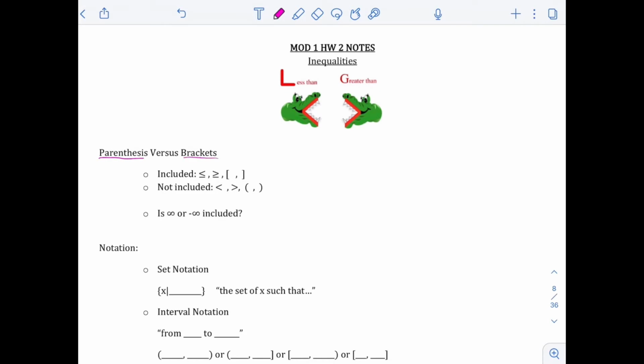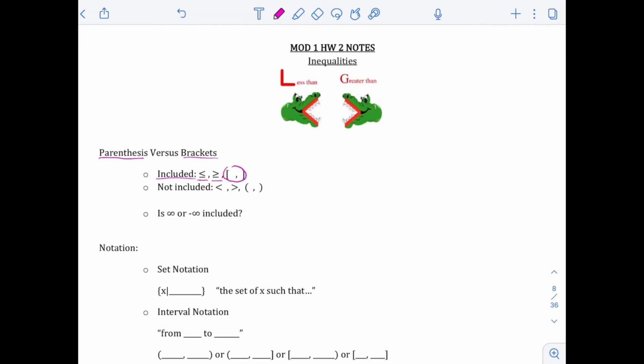If you're using inequalities that have an equal sign, it means that the values in the inequality are included, and to tell the reader that the values are included, you're going to need to use brackets.